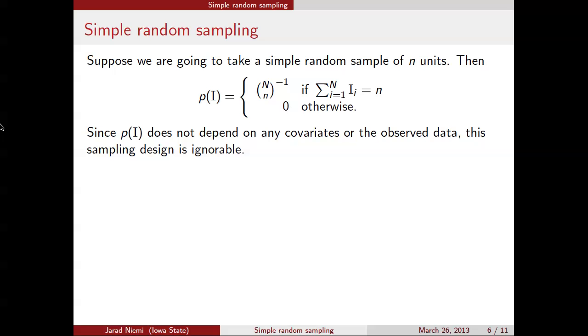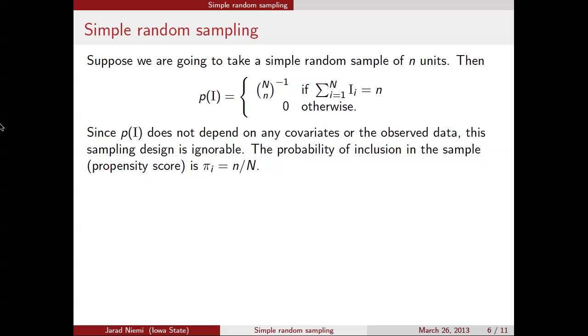Right. And so this sampling design is ignorable. Right? And a key terminology in the survey literature is called the propensity score. And this is just the probability of that school being included. In this case, it's just small n, the number of schools we're sampling, over the total number of schools that we have.